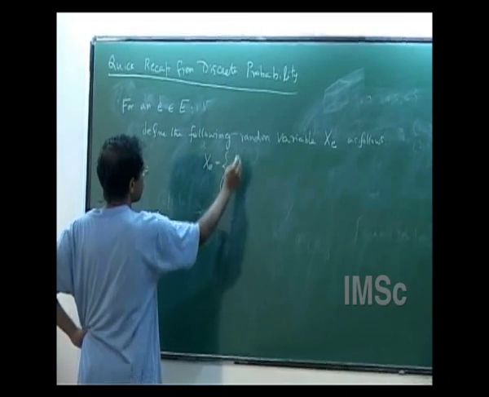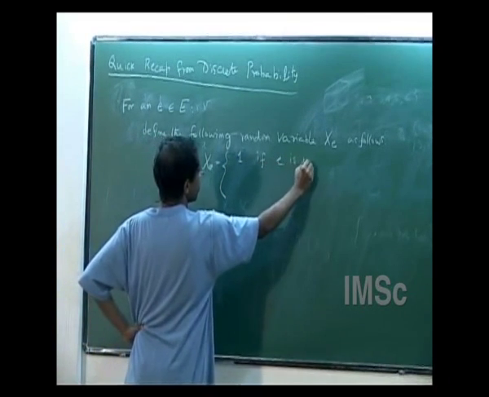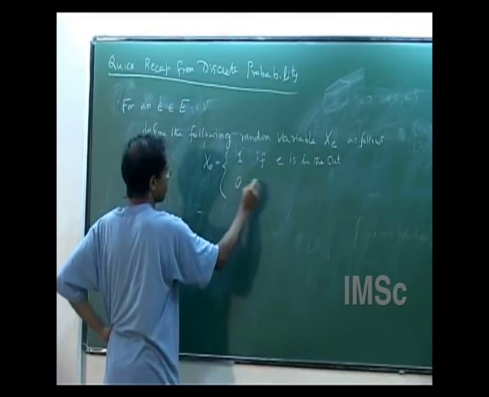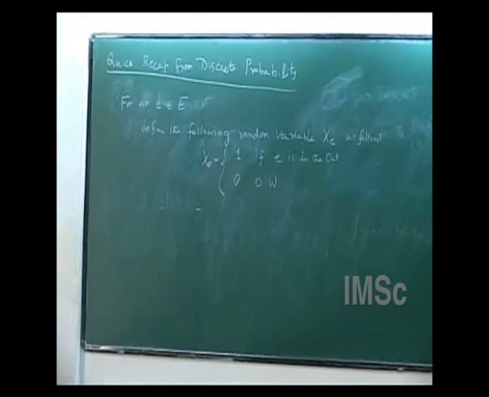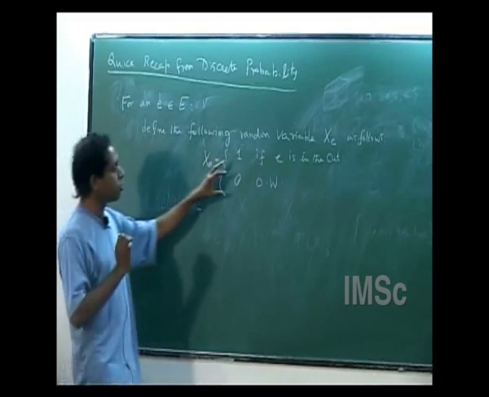Xe equals 1 if E is in the cut, 0 otherwise. Remember, what is random here? Random is that experiment, the coin toss. This random variable gets 1 or 0 in that experiment.